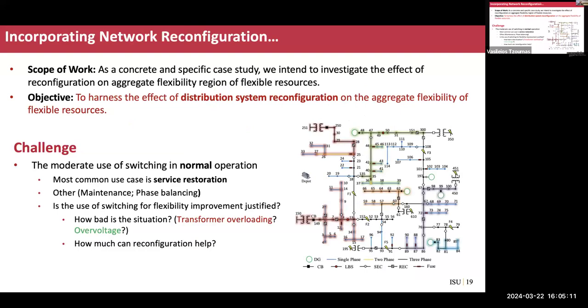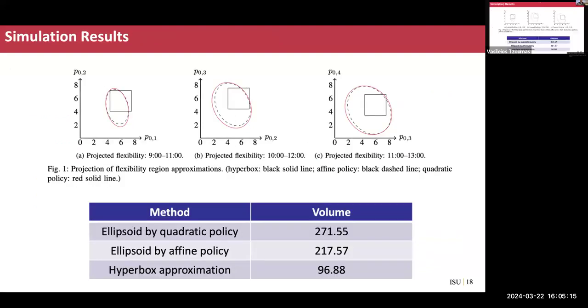Do you only consider coupling between 2 time steps, or is there any possibility of extension to considering coupling between multiple time steps? Yes, that's a very good question. For the current modeling, we're only considering 2 time steps because the energy storage and also the HVAC, the way we model them, are only coupled within adjacent time periods.